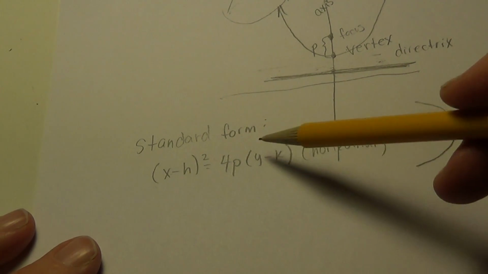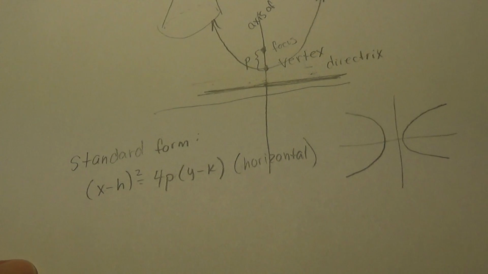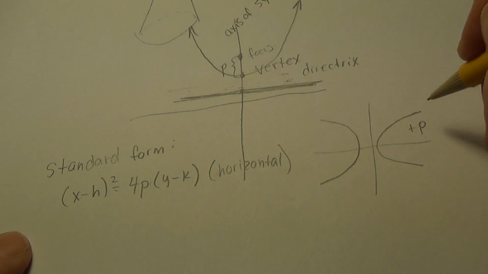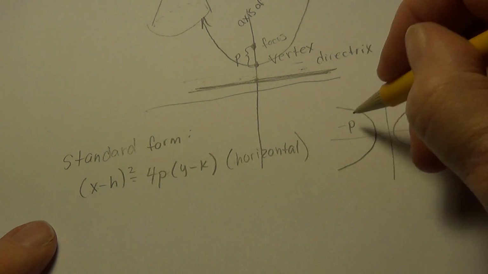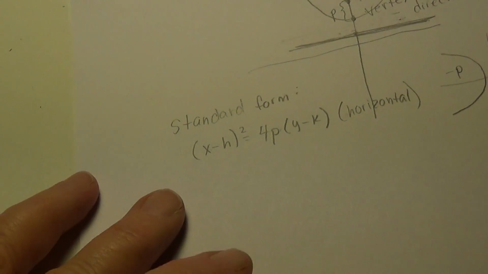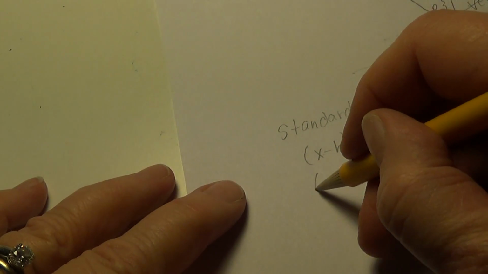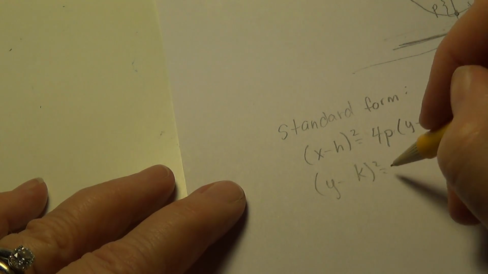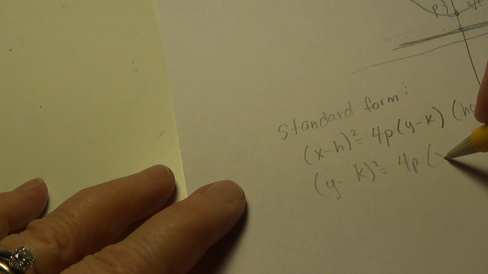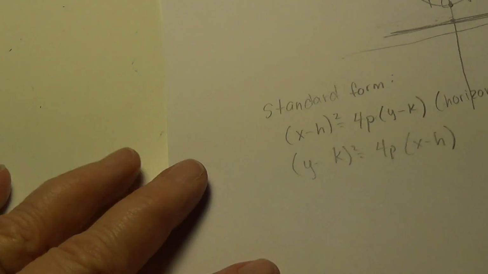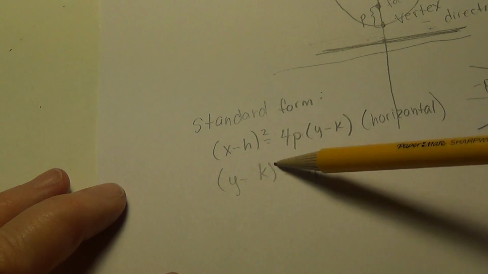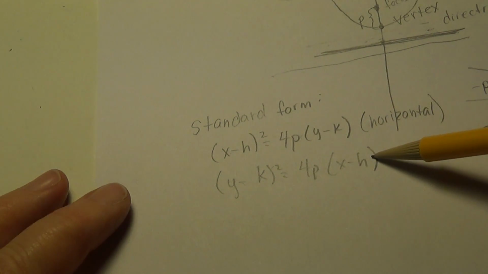If P is positive, it'll open to the right. So this will be a positive P. And if P is negative, it'll open to the left. Alright, the other standard form, y minus k quantity squared equals 4p times x minus h. Very similar in form, except now the y term is squared and the x term is not.